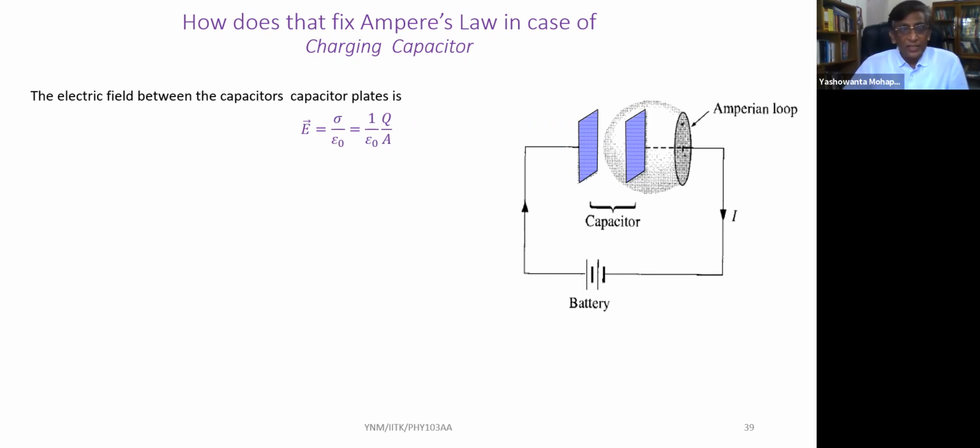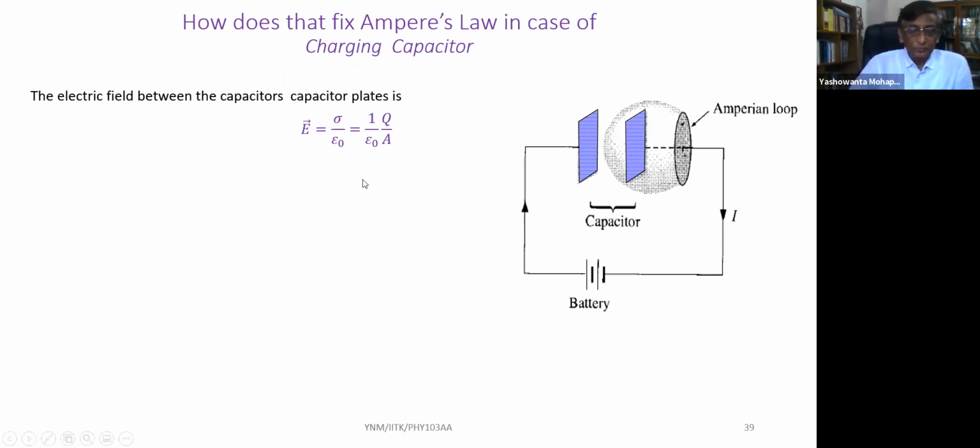In that case, I can write the electric field between the two plates as sigma by epsilon naught, and if there is a charge q on the plate at any time, then E is q by epsilon naught A. I'm assuming the two plates are very close compared to the size of the plates.